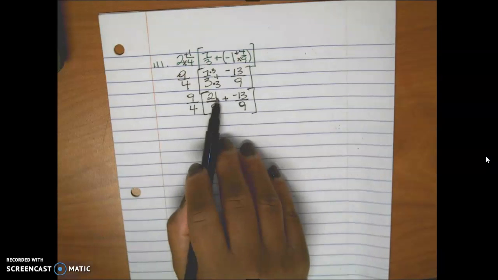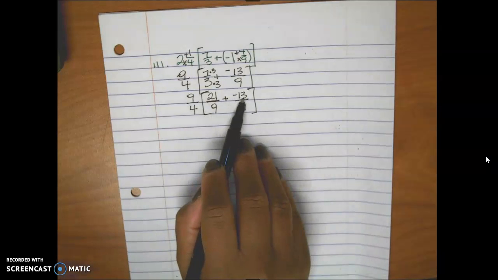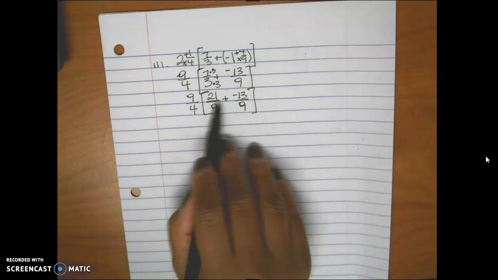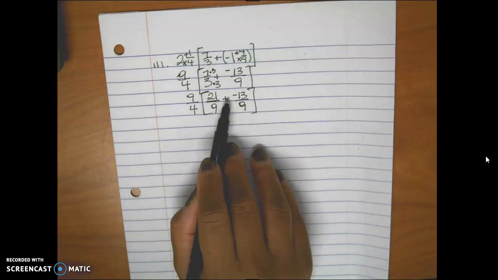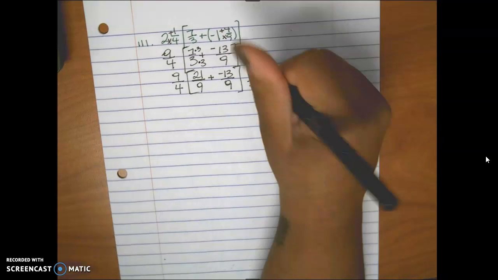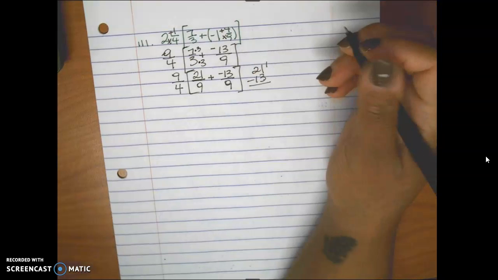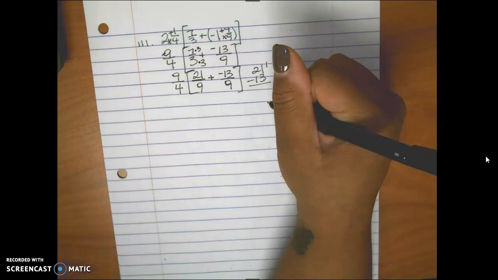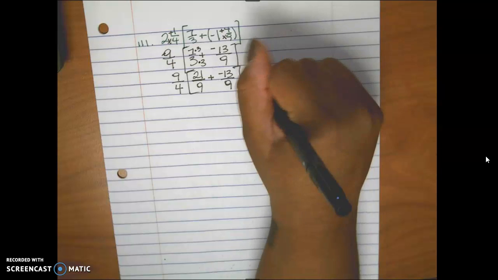All right, 21 plus negative 13. Same signs add and keep, different signs subtract. So 21 minus 13. Come to the side. 11 minus 3. 8.